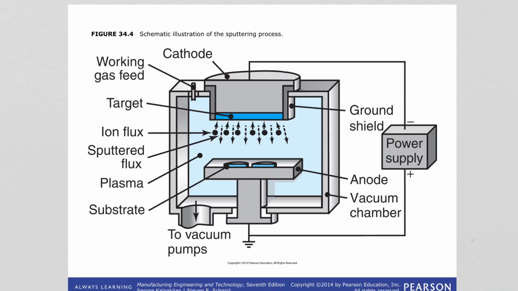Next is the sputtering process. In this process, an electric field ionizes an inert gas, usually argon. You can see the power supply that is attached between a cathode and anode. This provides the electric field, and inside there is the inert gas.